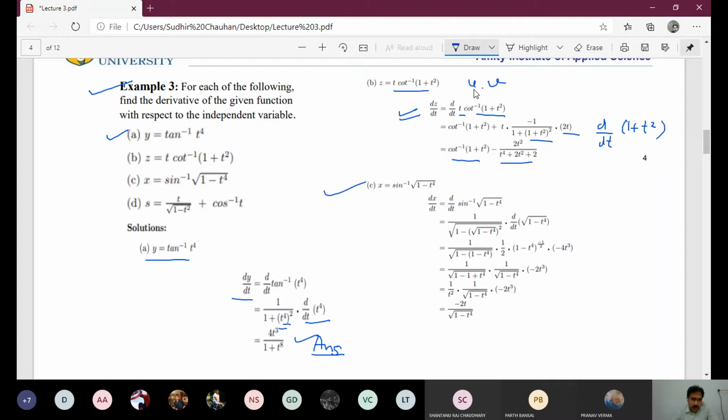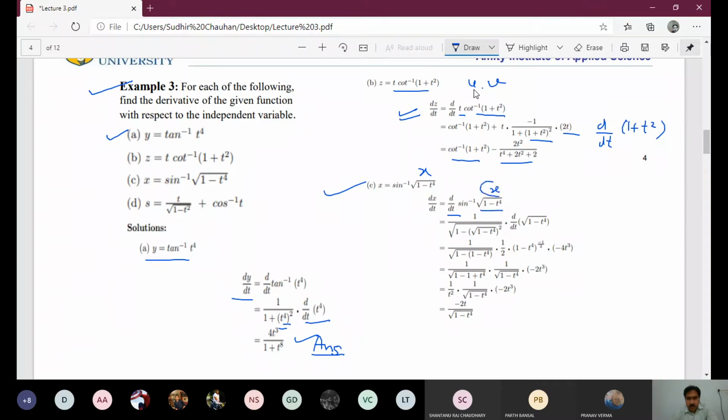Next we take x is equal to sine inverse under root 1 minus t raised to power 4. So again we'll assume it as x, and then first we'll apply the formula for sine inverse x. So differential with respect to t is d by dt of sine inverse under root 1 minus t raised to power 4.